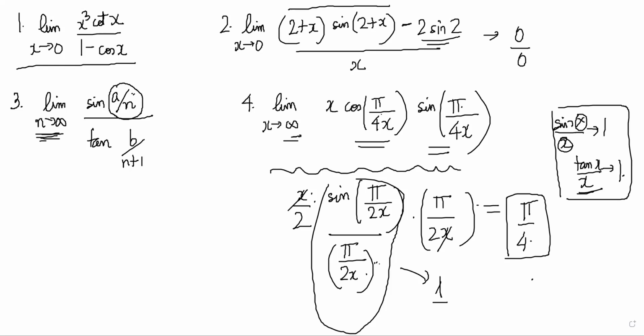Then let's do an example using the series expansions that we have learned. The question is: limit as x tends to 0 of e power x minus e power minus x minus 2x, by x minus sine x.